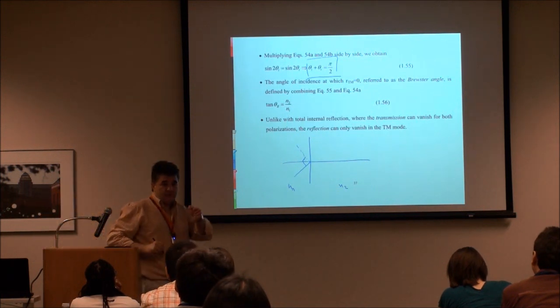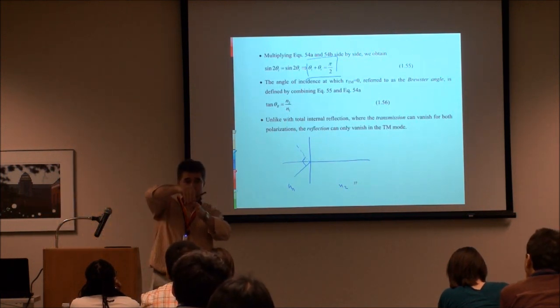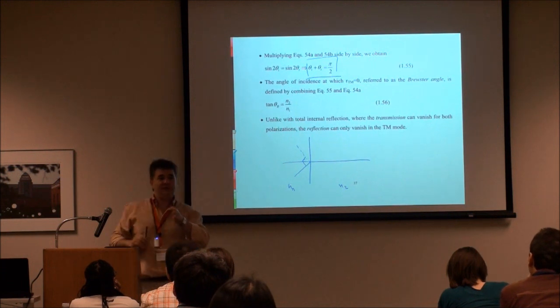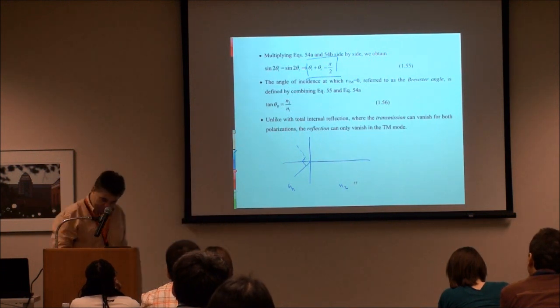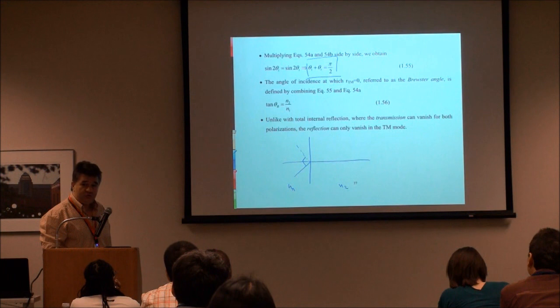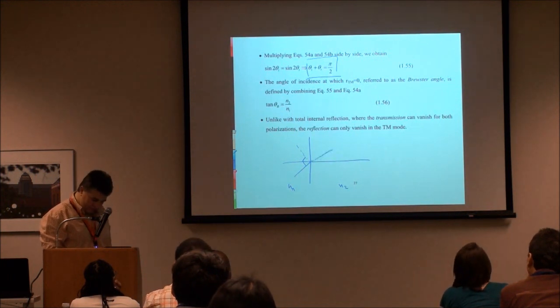So you use your Snell's law, you adjust your angle until what is supposed to be reflected will be perpendicular to what you put in. If you manage to do that, you get 0 here. You get 100% transmission.